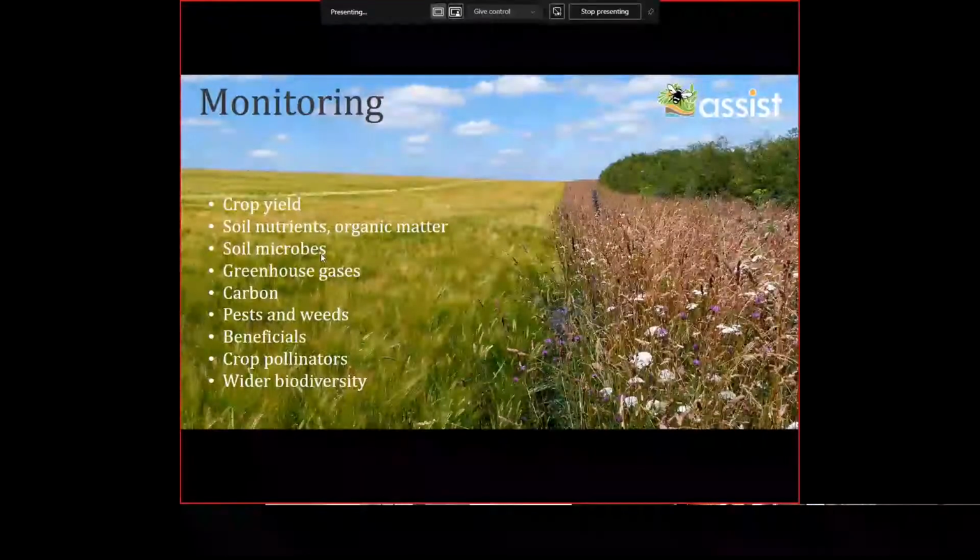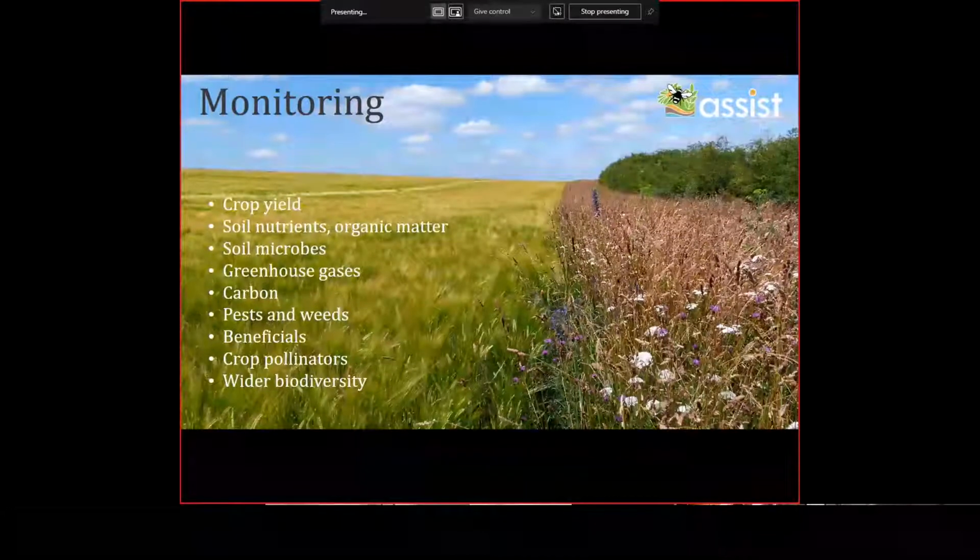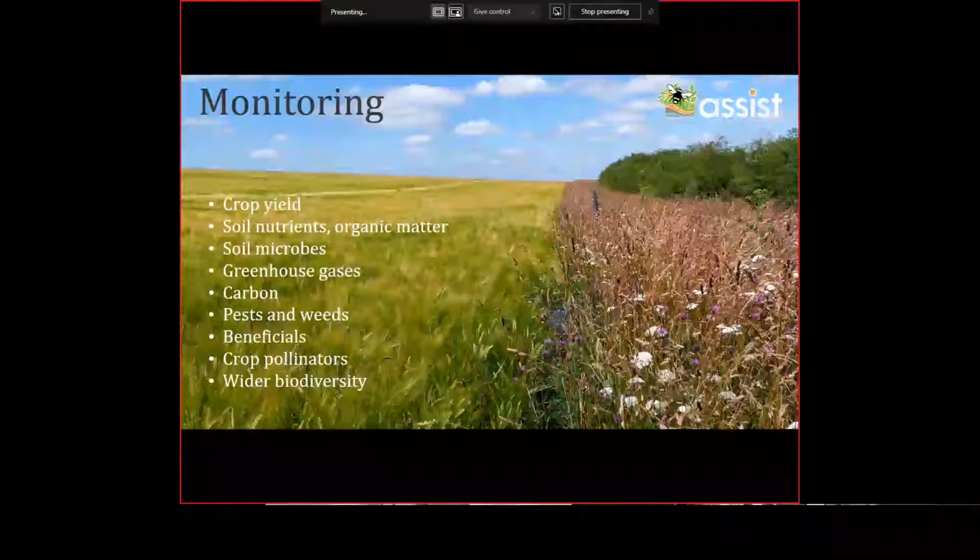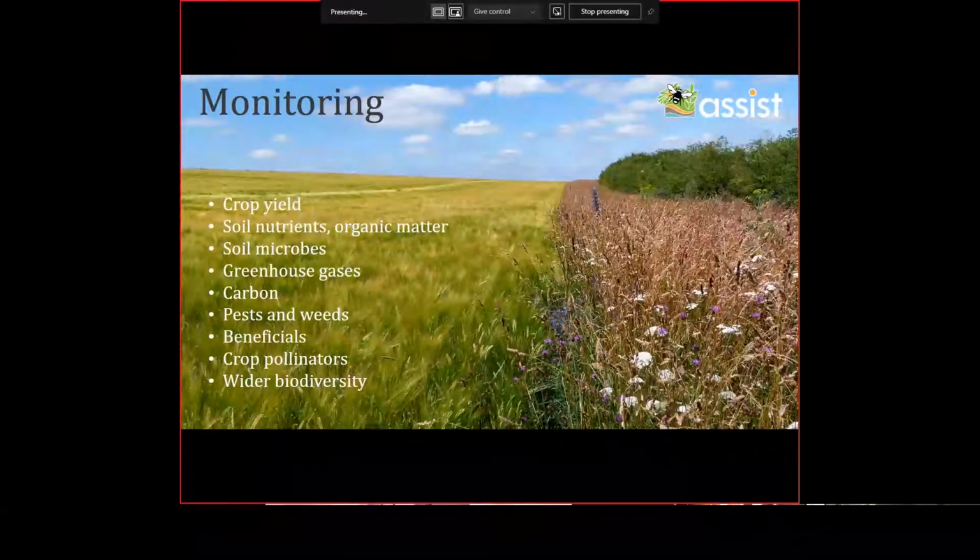In terms of monitoring, we're looking at a whole range of things, and as Ben mentioned, everything is measured away from the infield strips or the field edges, field margins. So we're looking at how the effect of location and distance into the field is affecting all of these parameters: crop yield, nutrients, organic matter, microbes, greenhouse gases, more of that in a minute, carbon capture, clearly pests and weeds.